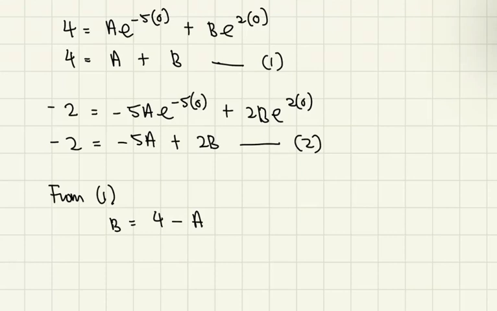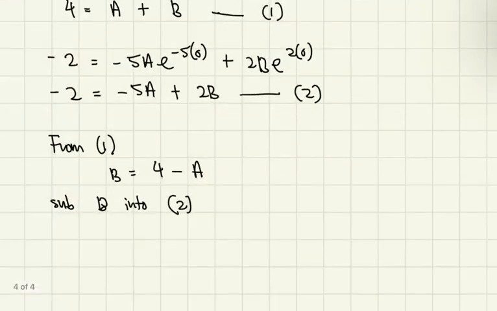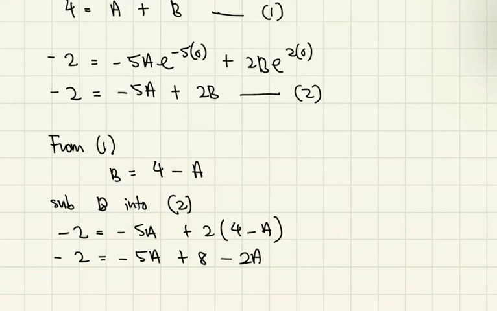So substitute b into equation number 2. So we have minus 2 equal to minus 5a plus 2 times b, and b is 4 minus a. So minus 2 equals minus 5a plus 8 minus 2a. So we have minus 10 equals minus 7a.